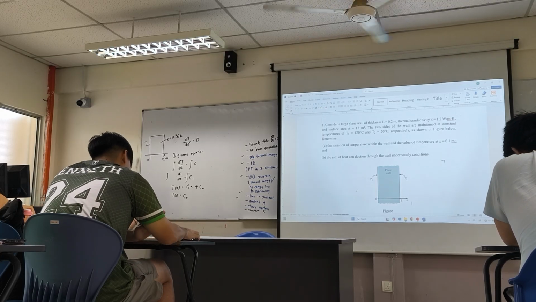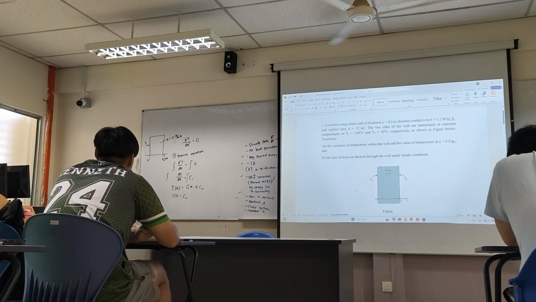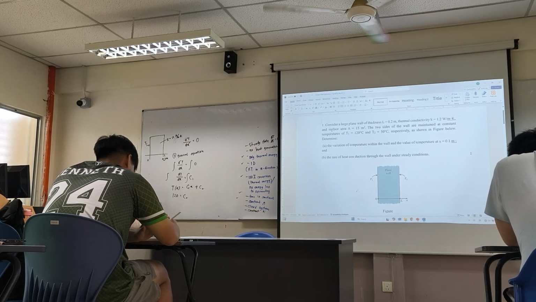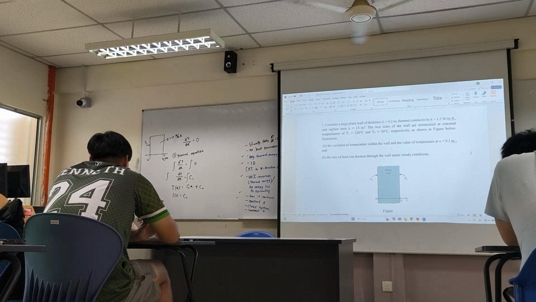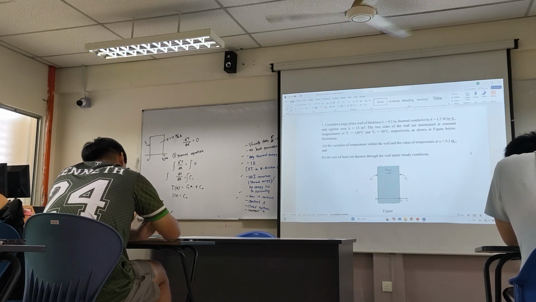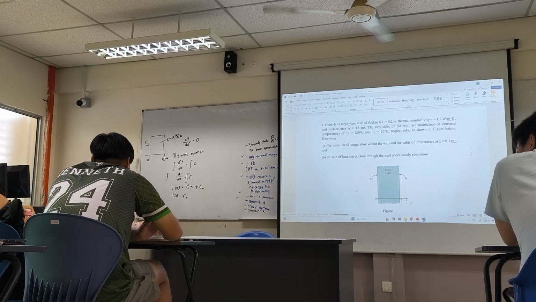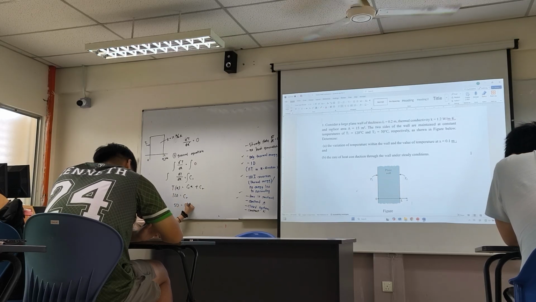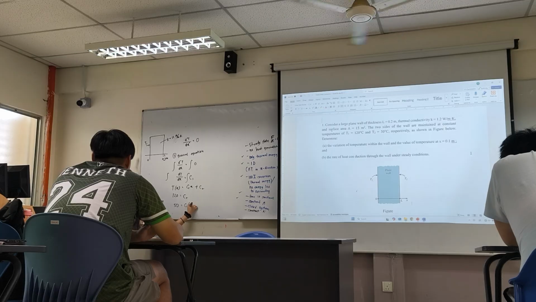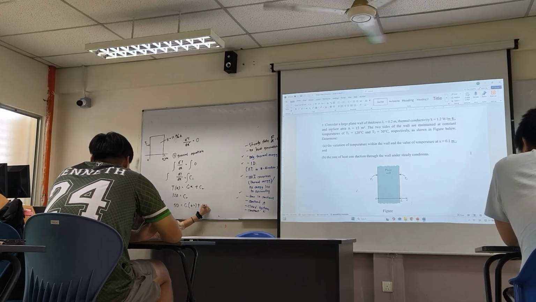Then they give you x equals to L, or equals to 0.2 meter, T2 equals to 50. And then you substitute inside the equations. So T is 50, C1 unknown, x is 0.2, plus C2 is 120.